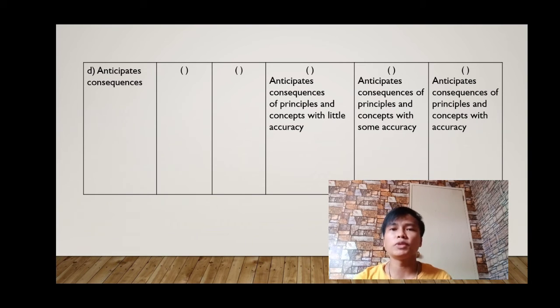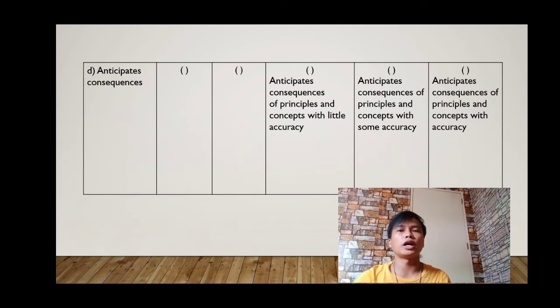So an example of this, the students can predict or anticipate the consequences of what they read, or they know the results of what they read, the consequences of the principles or the concepts, with accuracy. So they know what the results are.